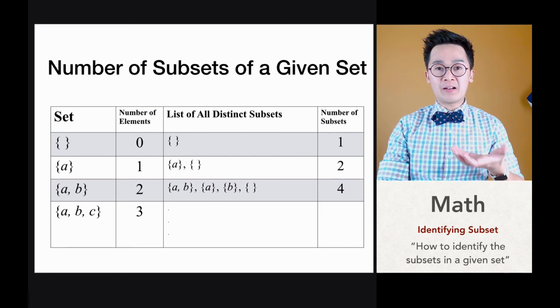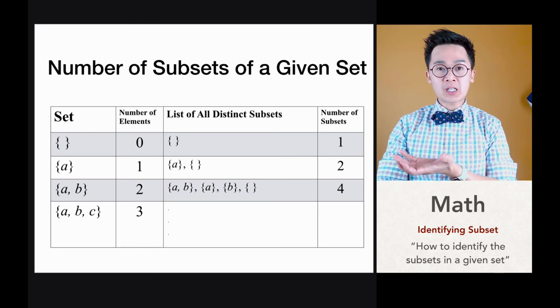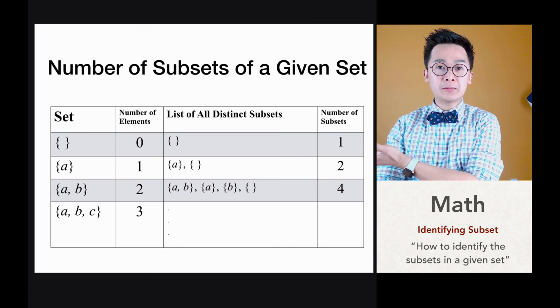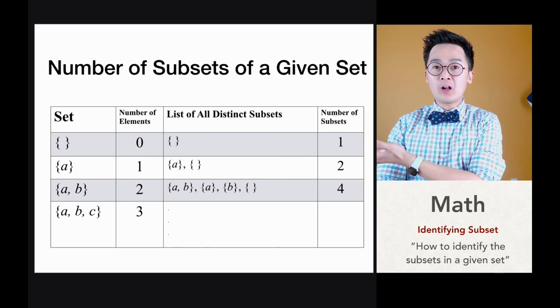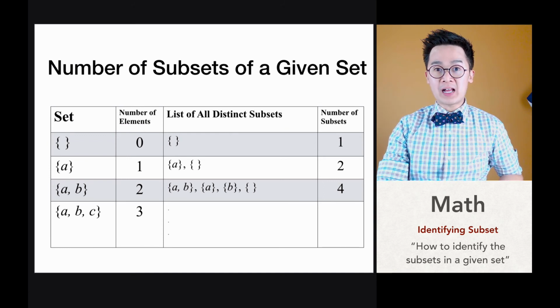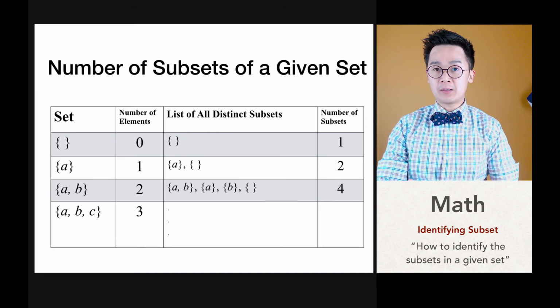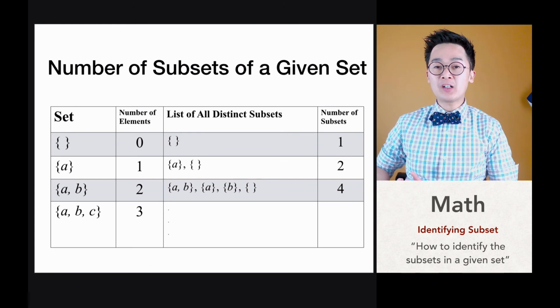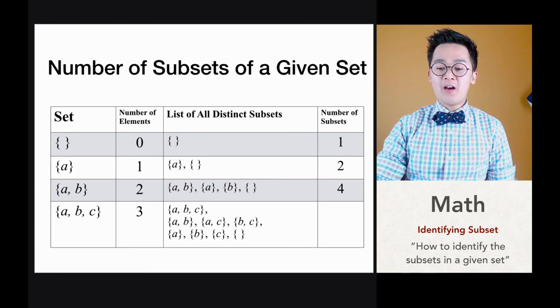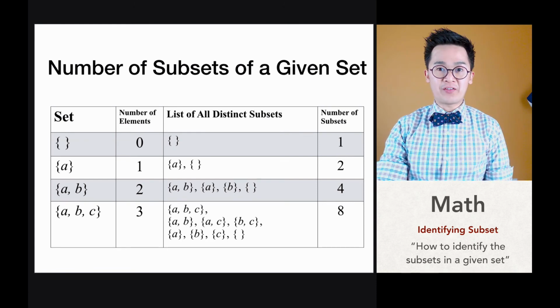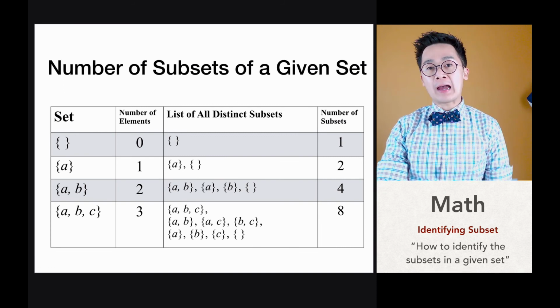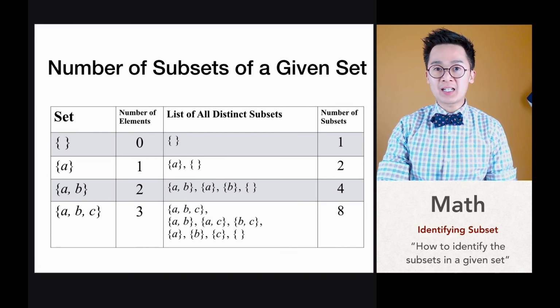We can also have subsets {A, B}, {B, C}, and {A, C}. And we can also have single-element subsets, which are subset A, subset B, subset C, and of course, the null set, for a total of 8 different subsets. So this is how we count the number of subsets in a given set, and this is also how we can connect the null set in relation to the set notation.